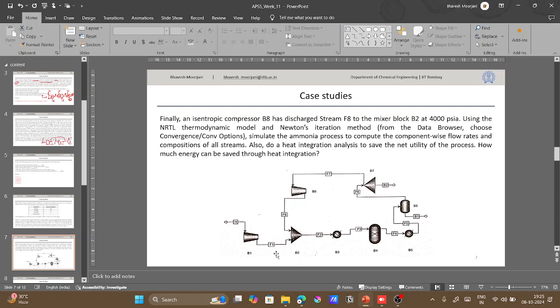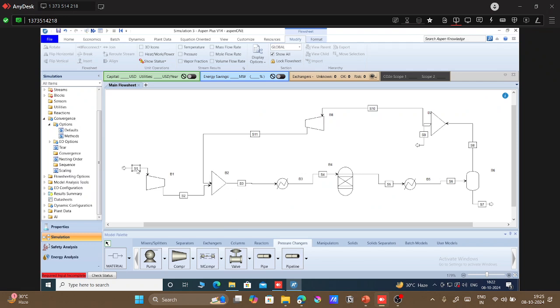So we have H, F1, F2, F3, F4, F5, F6, F7, F8, and then this is B. The last is F8.